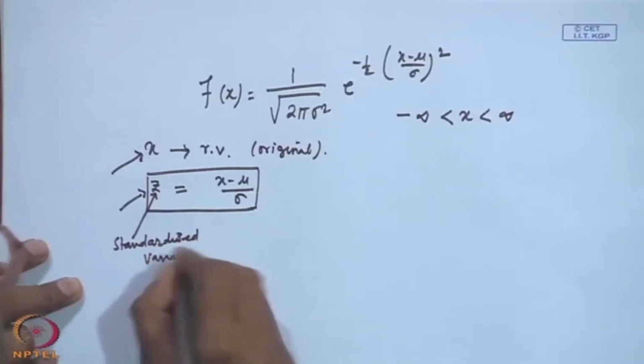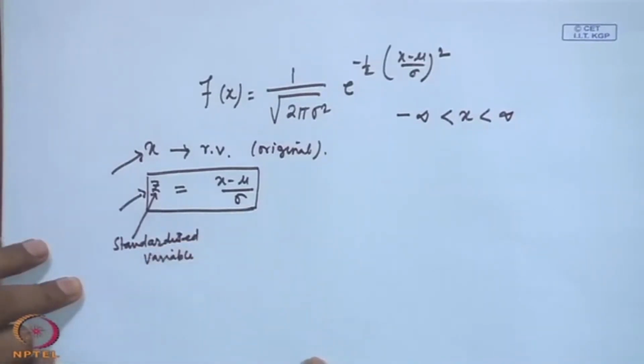When a variable has its mean subtracted and the resultant quantity is divided by the standard deviation, that is known as a standardized variable.